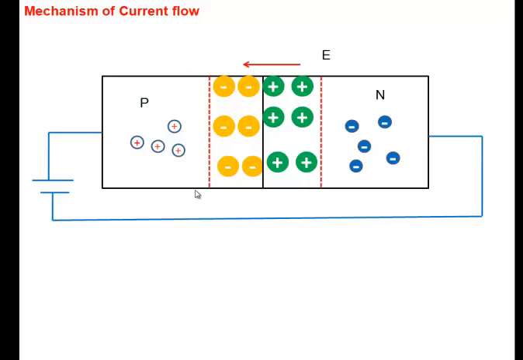Now we are looking for current flow in the external circuit. Remember, this hole that you see here was earlier compensating a negatively charged acceptor atom. And as I said, this entire P region was neutral. Now, the moment a hole goes over here, you create a charge imbalance here.